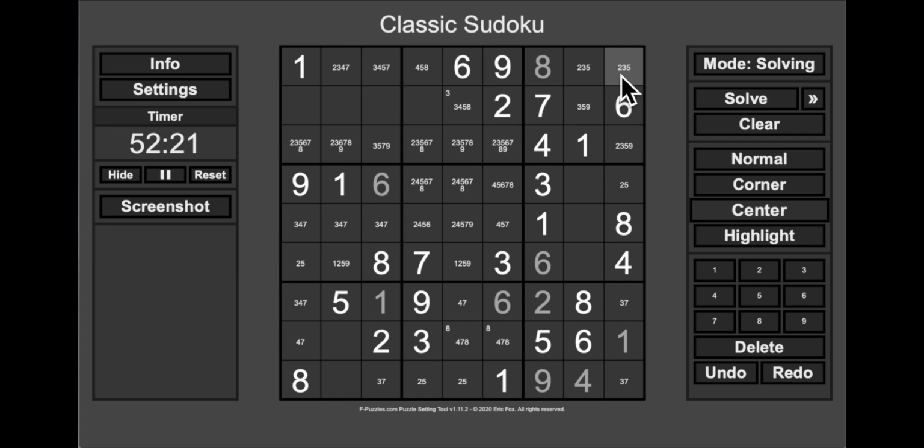Now, what else can I do here? Yeah, I still have 2 possibilities for a 9. There or there. I mean, this is still right.